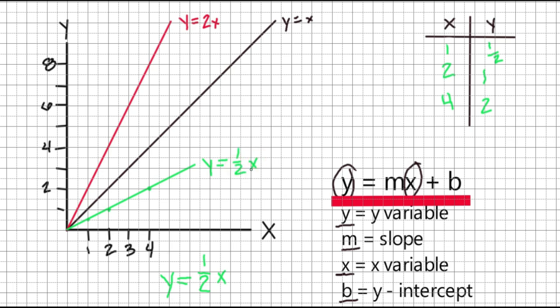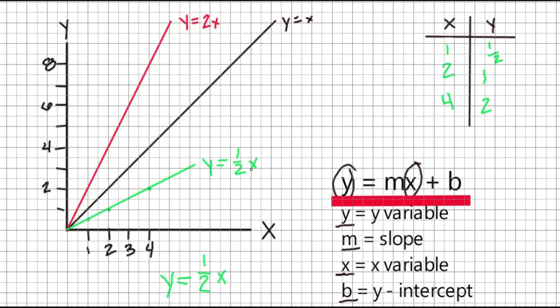So what's going on here? So y equals 2x was above this y equals x, and y equals 1/2 x is below it. So y equals 1/2 x is flatter than y equals x and y equals 2x.